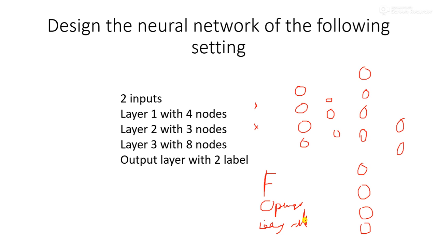So basically, when we set the design, you have to design according to this. You will have the activation function here. So what activation function you're going to choose, what optimizer you're going to choose, what learning rate to choose.